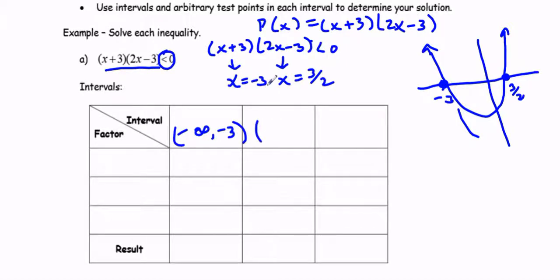So from negative 3, the next interval occurs at 3/2. Because remember, a sign change doesn't necessarily occur at the zeros, but we know at the zeros it's not equal to 0. So we need to keep the round brackets here. And then we have the last interval from 3/2 to infinity. Okay, so now what we're going to do is we're going to have these arbitrary test points. Just pause the video for a sec.